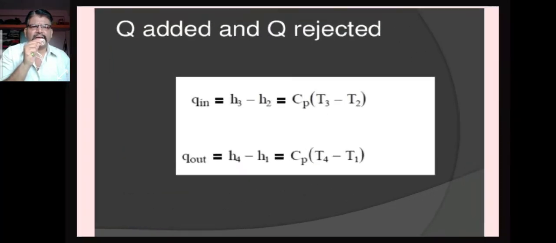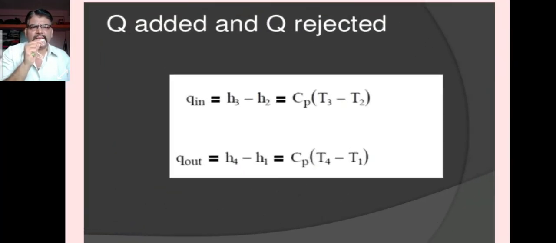So next, heat added and heat rejected. When the heat is added, after the isentropic compression, fuel is supplied in the combustion chamber, that is heat is added. So in between 2 to 3 the combustion chamber is there. The equation in terms of enthalpy is H3 minus H2.